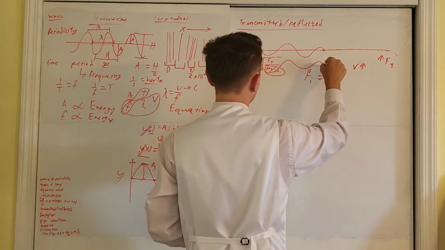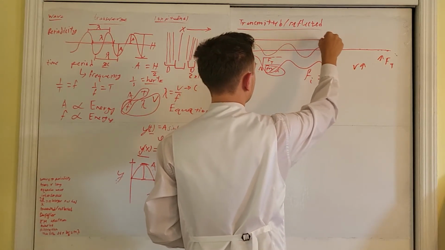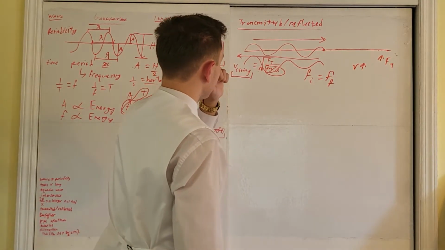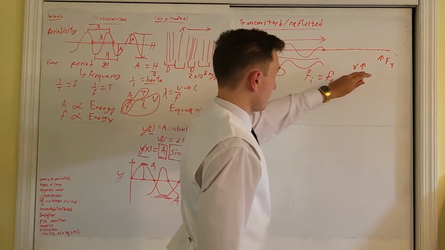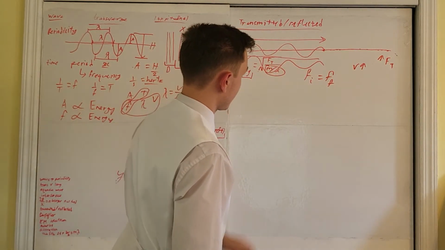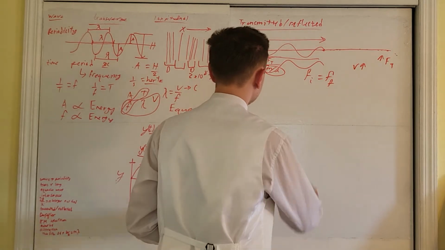So it's going to look like that, except before the collision it is going this way, after the collision it is going that way. In the case that it's going faster on the right, the reflected wave will be the exact same as the one coming in.